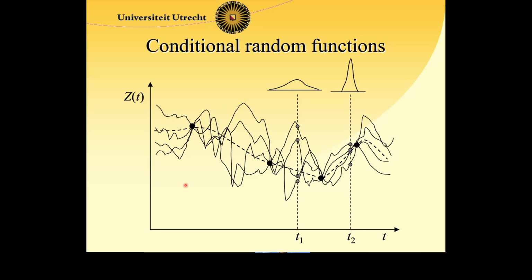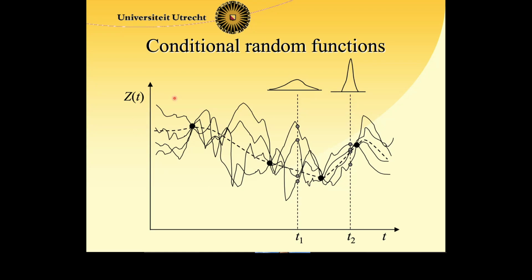It's a random function whose realizations are conditional on the observations, in that they are exactly equal to the observed values, assuming that we don't have an observation error for now, at those points where this phenomenon was observed.